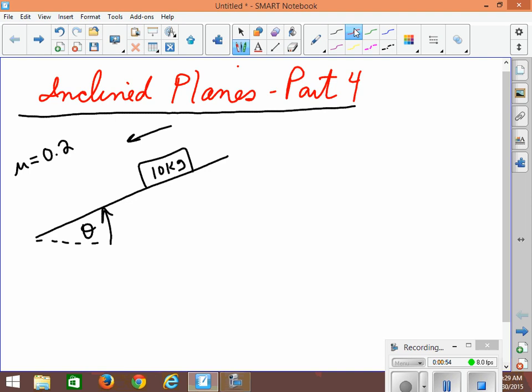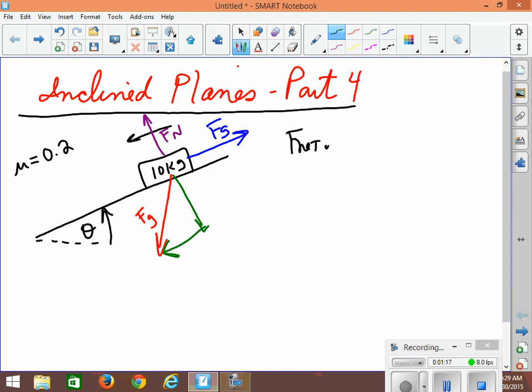Well, we drew our free body diagram, we put in the gravity, we said the friction was going up the ramp, trying to stop it from sliding, and we had the normal force this way, and of course we resolved our components of gravity, and we went through this entire process, and then we set up our net force equations, F net x and F net y, and we did all the work, and we discovered something.